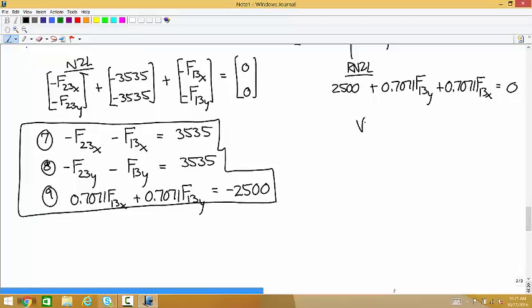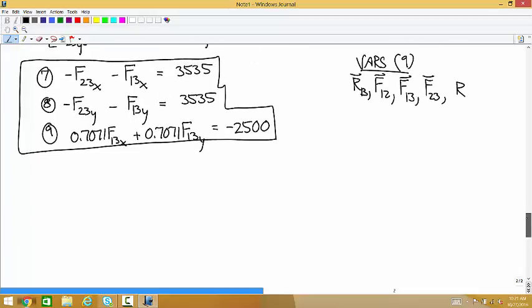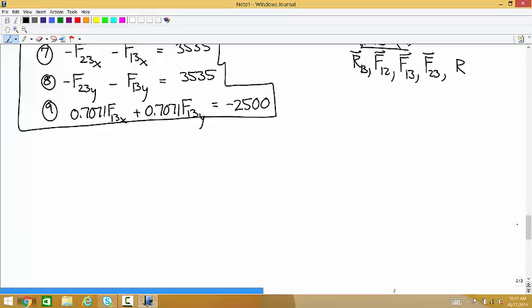Okay, so 9 equations, and then the variables, we have 9 of them. That's RB, f(1,2), f(1,3), f(2,3), and R. Okay, so let's just fill out this table once.